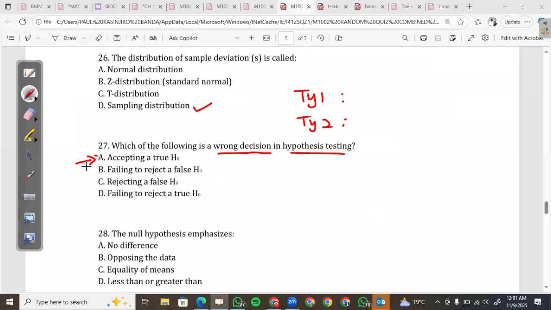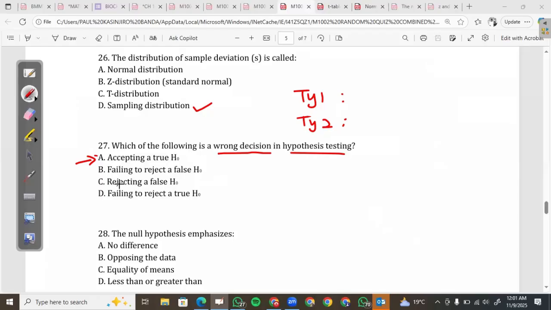Okay, and then B, they're saying failing to reject a false null hypothesis.